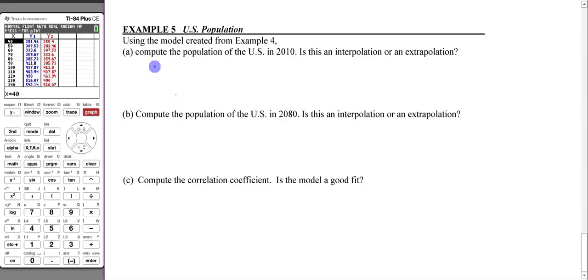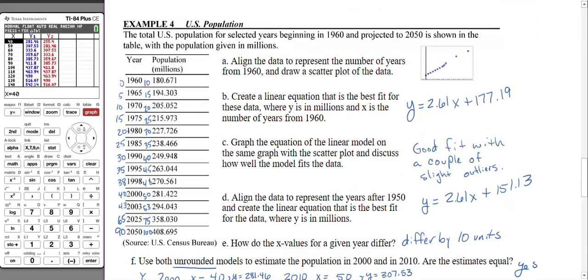So the population in 2010 is 307.53 million people. Is this an interpolation or an extrapolation? This is going to be an interpolation because the year 2010 is in between the data points that were given.